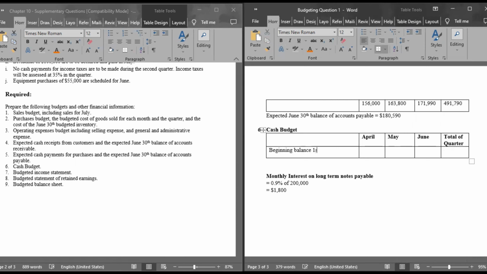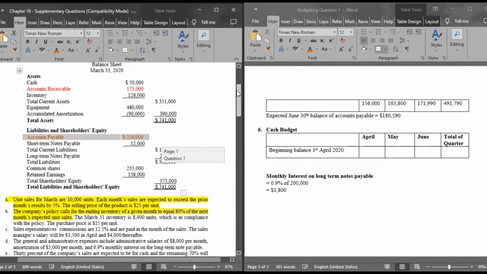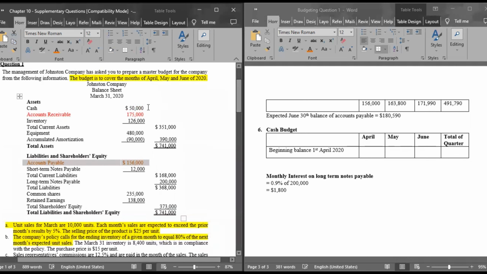The beginning balance is on 1st April, and it is provided in the beginning balance sheet at the start of the question. So the amount of cash, the beginning balance for this question, is 50,000.